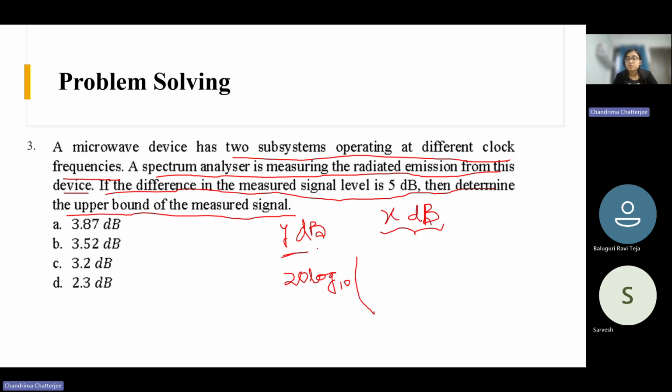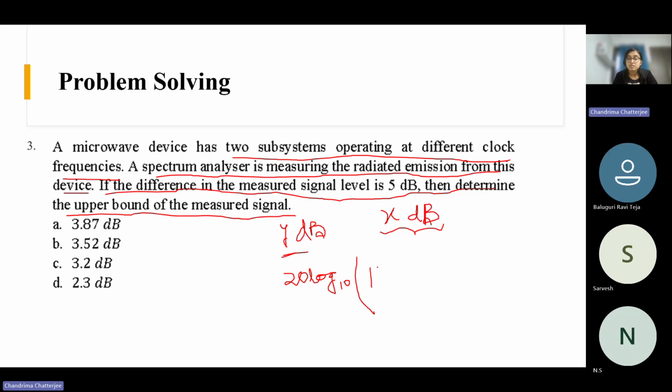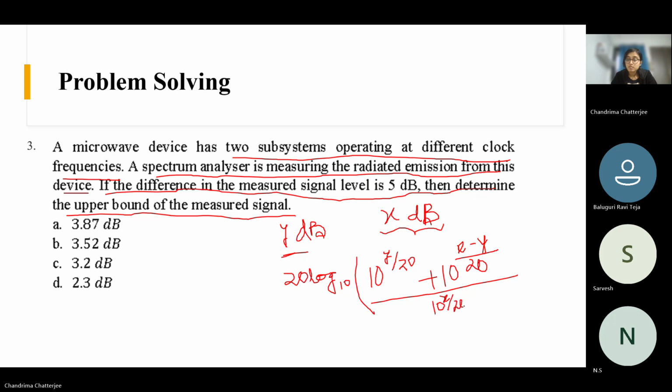If there is a y dB difference between two signals, we can write it like this: 10 to the power (x minus y) by 20, divided by 10 to the power x by 20.